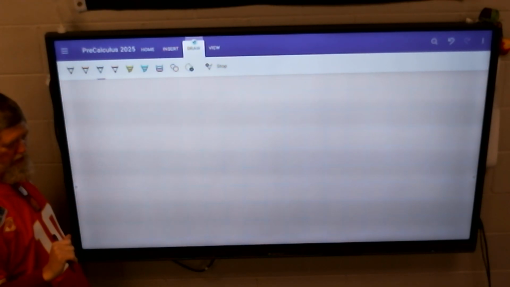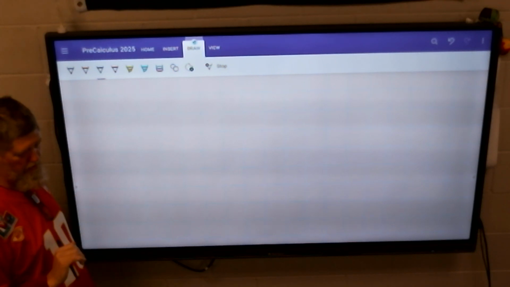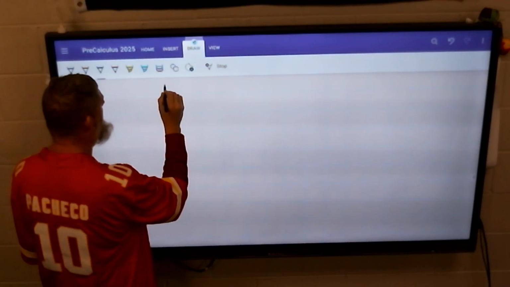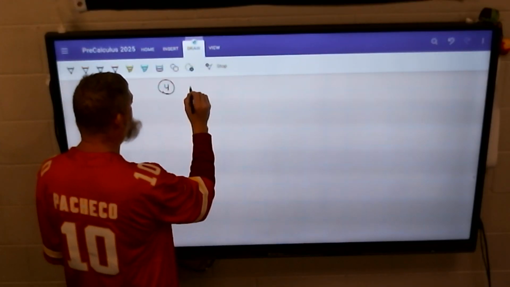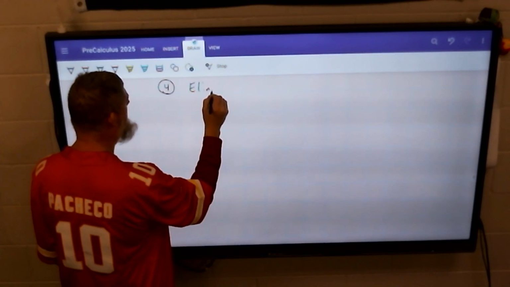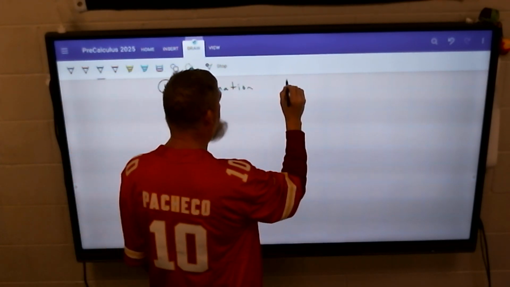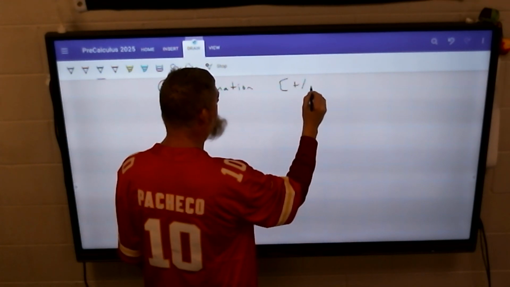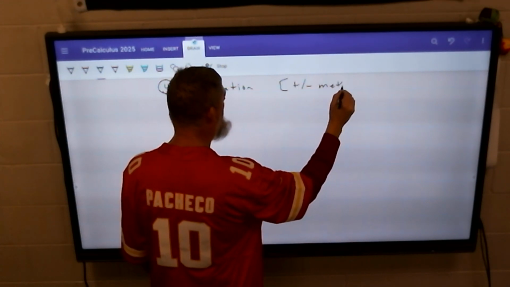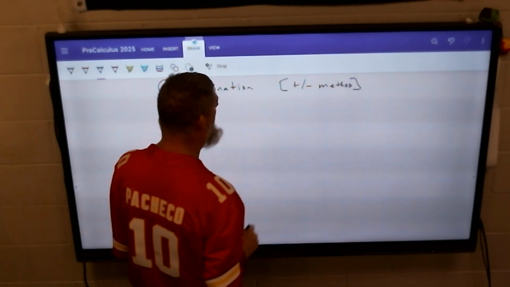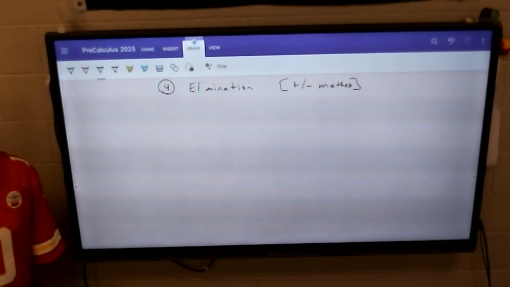I put on there solve. So I don't care which method you use. But here's number 4, and it's called elimination. Some teachers call it the adding and subtracting method. I just call it the elimination method.